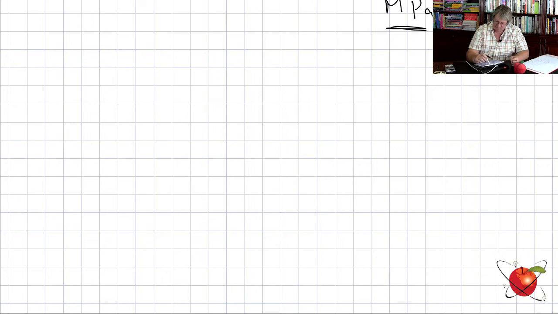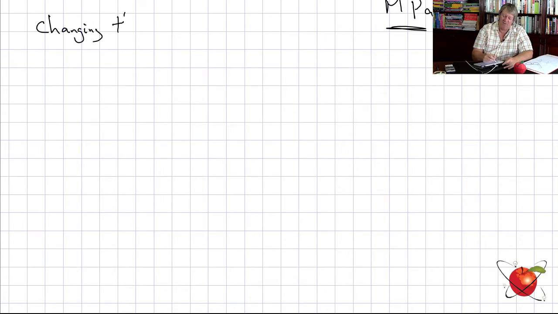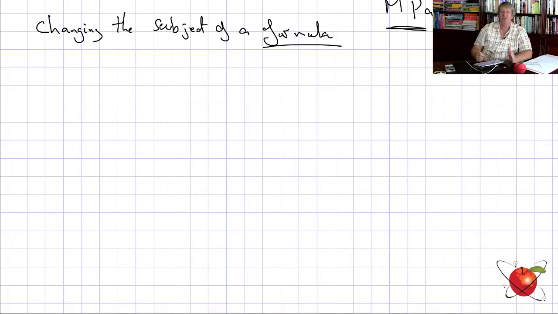What I've done is, the next bit is, in maths we did literal equations. The literal equations was actually changing the subject of a formula, right? Changing the subject of a formula was a literal equation.